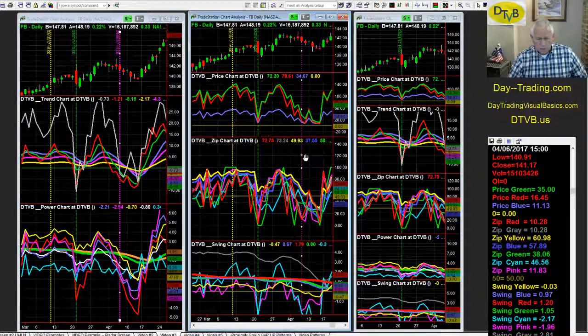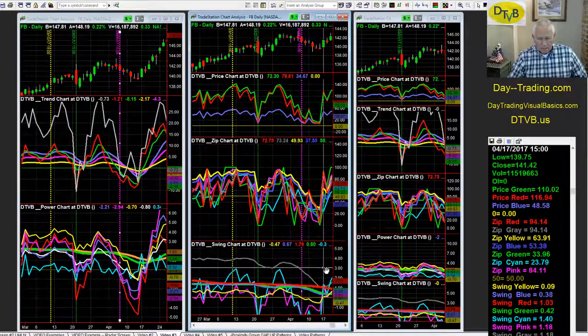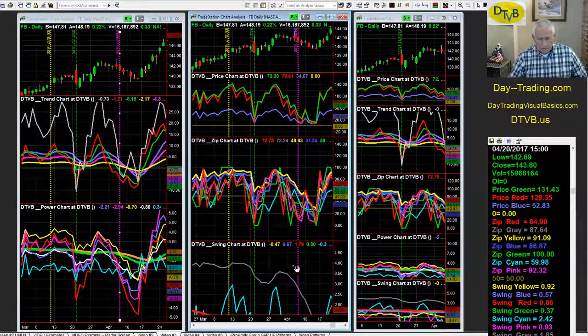But look at your swing line, which is your swing gray line, which is your deep cycle indicator. It's been up and up and up and up. It's been high above zero for many, many weeks. And it's been going up, going down. But now, because you have this peak right here and this peak right here, I'll expand this a little bit, you have a lower high, which is the definition of a downtrend.